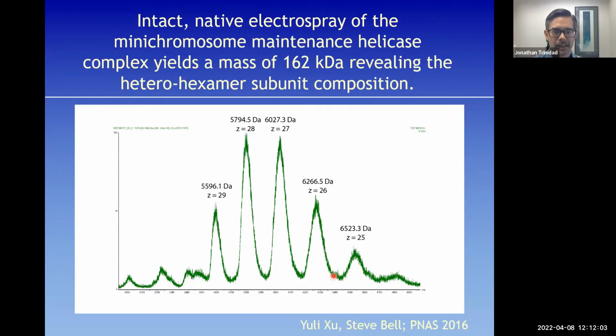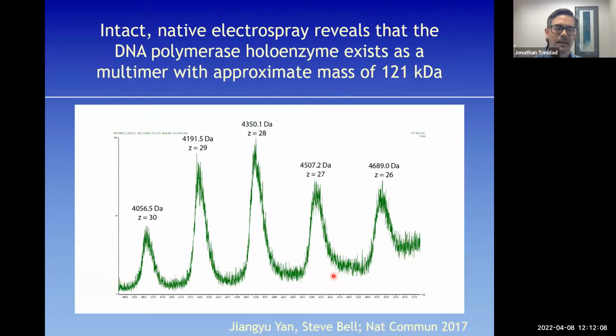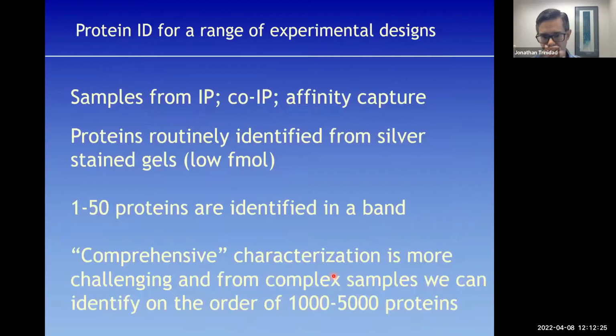But here's an example of a 162 kilodalton protein complex. Here's another example of a 121 kilodalton multimer. And so the biochemists in particular find this very useful in a particular system.